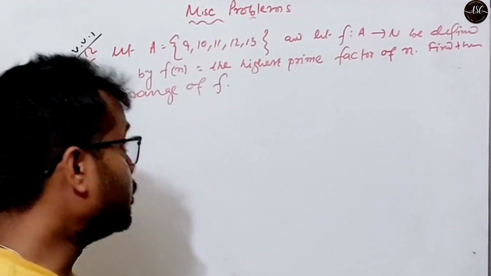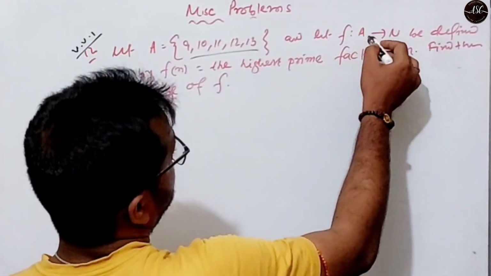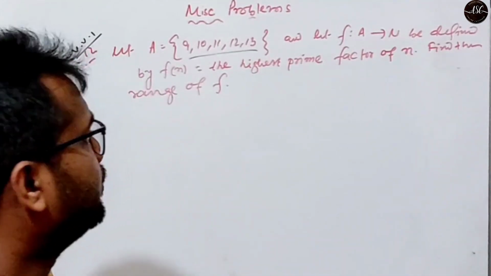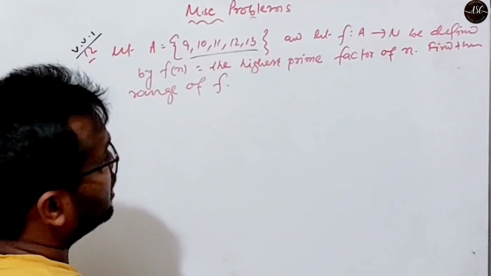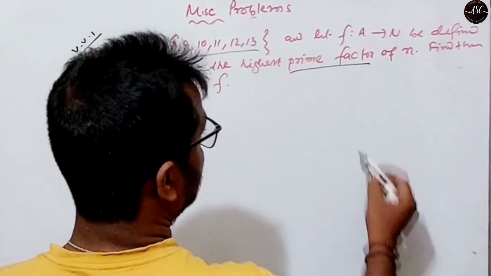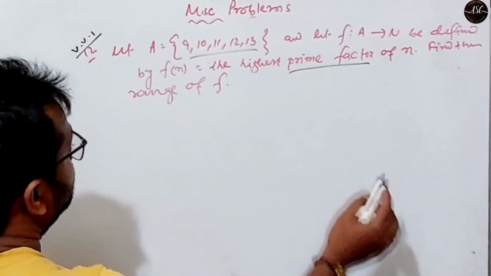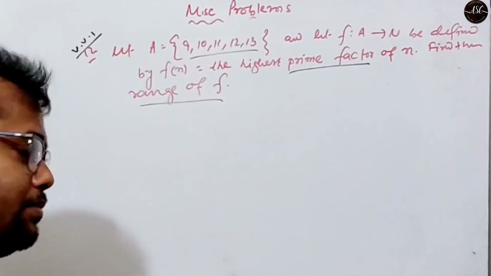Now look at this question. This is also very, very important. Here a set is given, and f is defined by f(n) equal to the highest prime factor of n, for n in the set. Find the range of the function f.